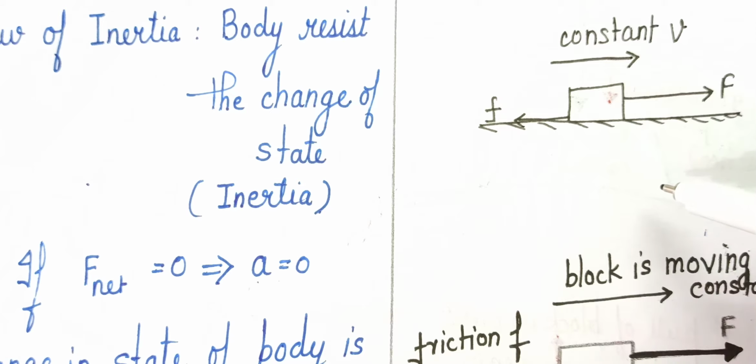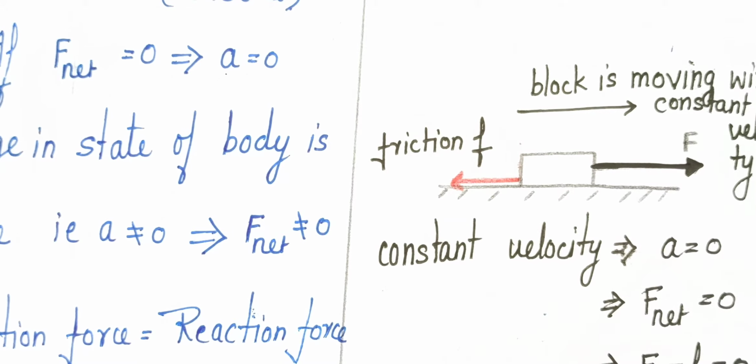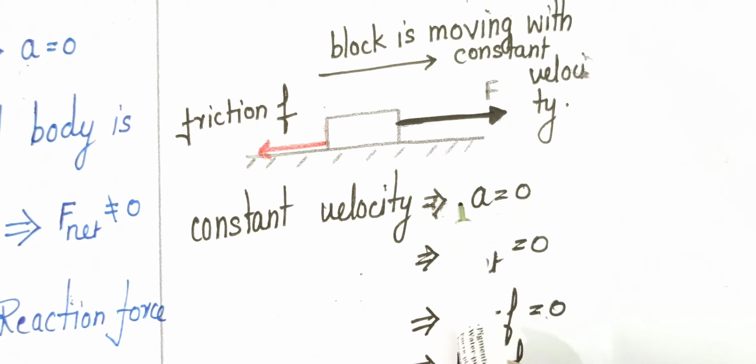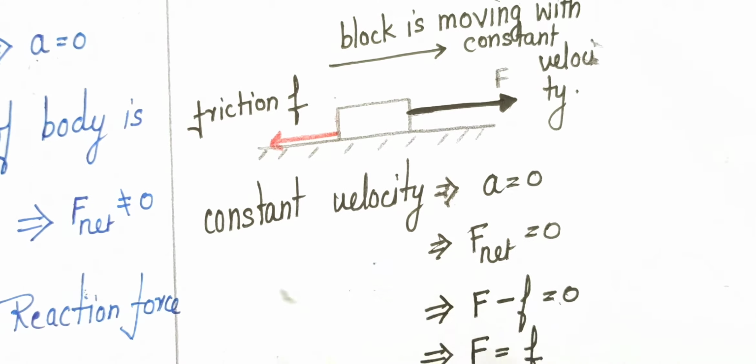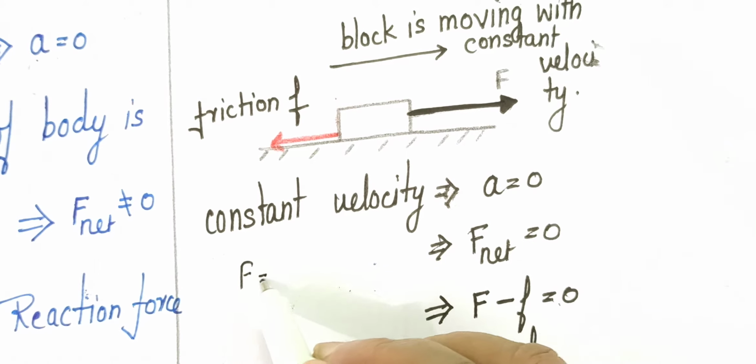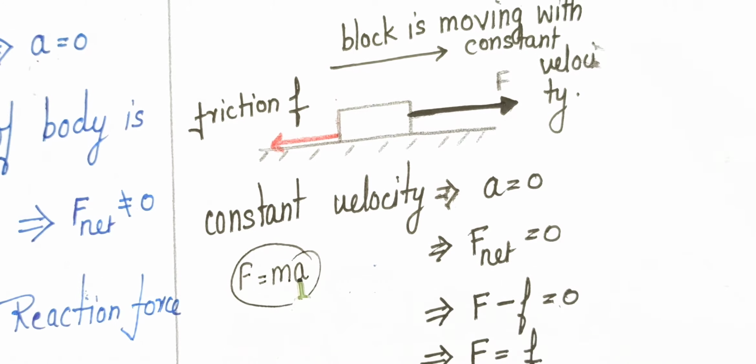Constant velocity means the net force acting on the body is 0, no matter there are two forces acting on the body in fact. So, if the block is moving with constant velocity, that means the acceleration of the body is 0. And if the acceleration of the body is 0, certainly from the expression F is equal to ma, if acceleration is 0, that means net force is also 0.